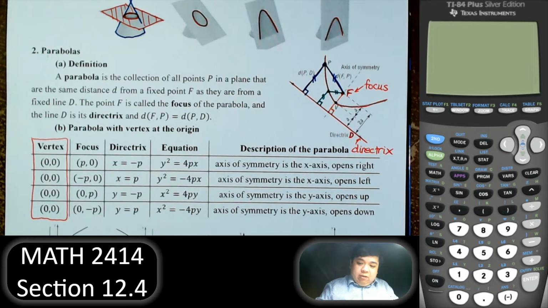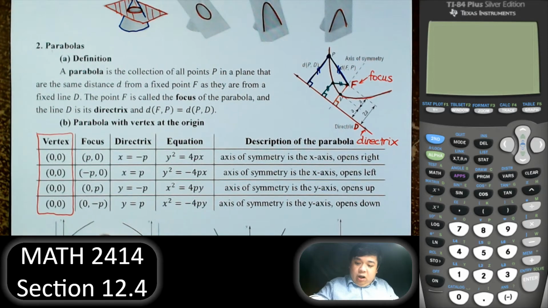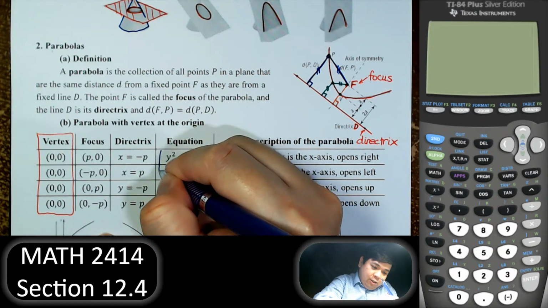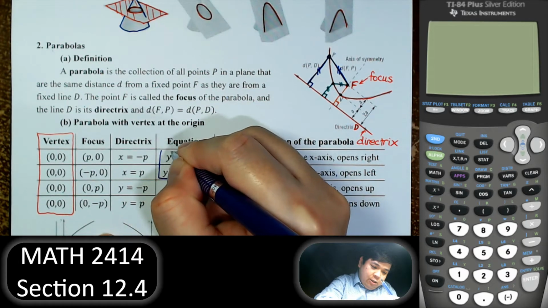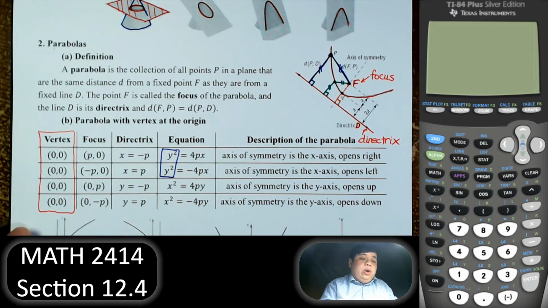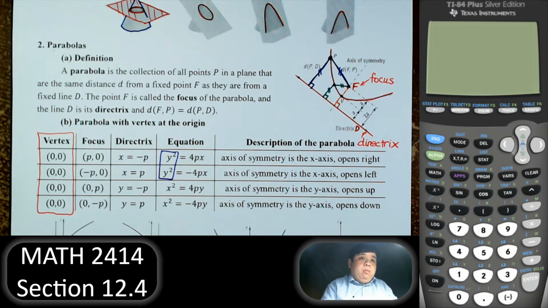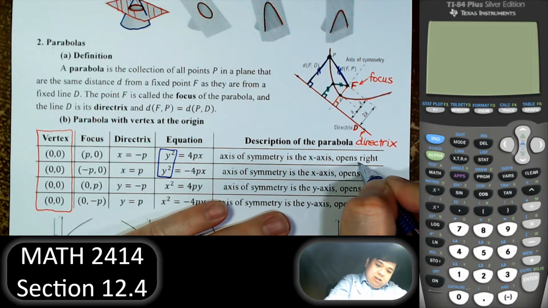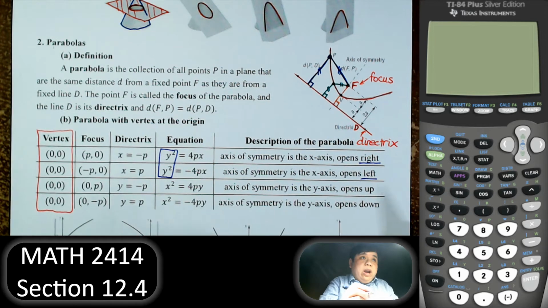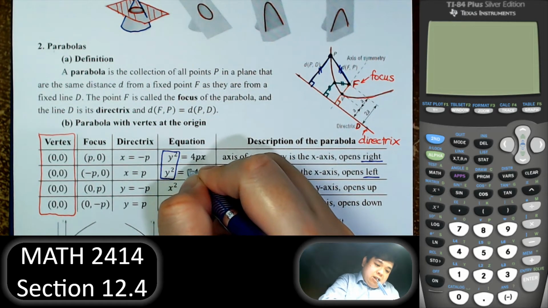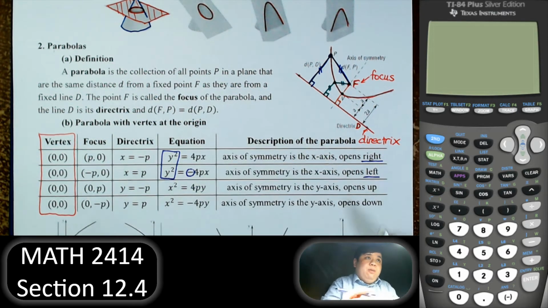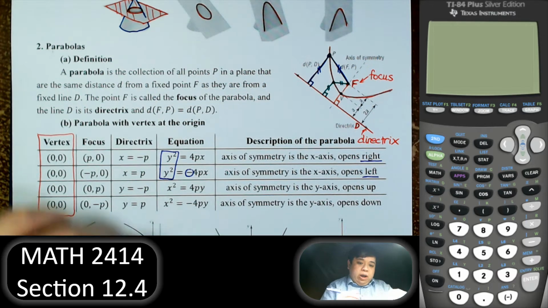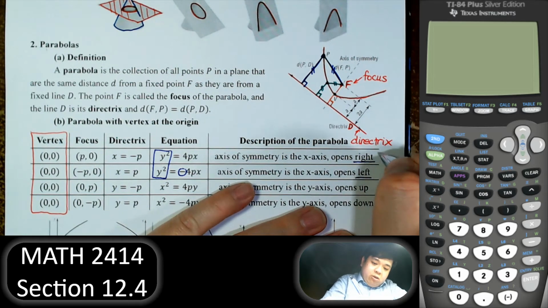So what we have here is, if we have the y square, then we will have the parabola that opens left or right. Whether left or right will be determined by this negative side or positive side. So y square, this is going to be horizontal.